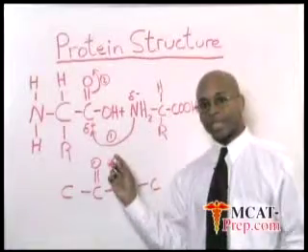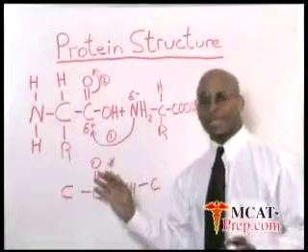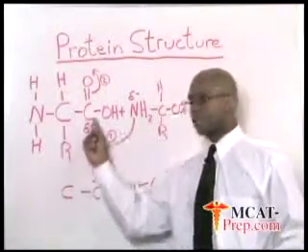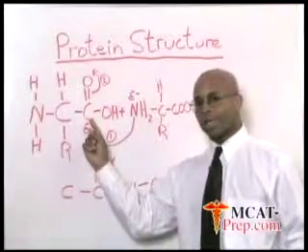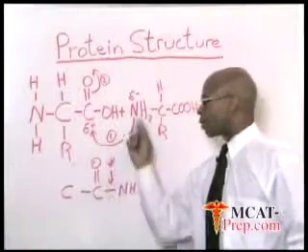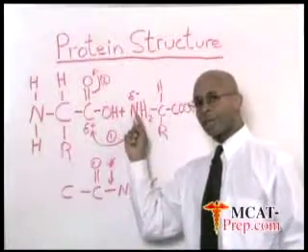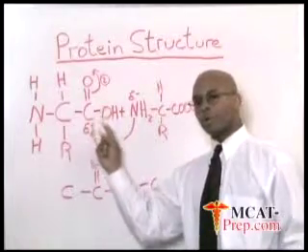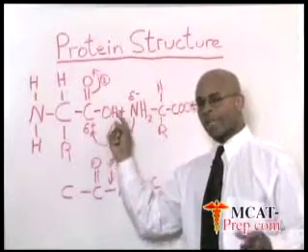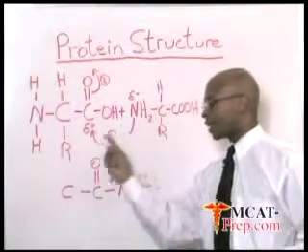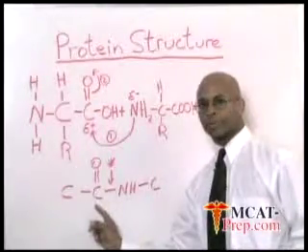But essentially, you do need to know the basics, and that is that to create this bond, there's an attraction between the nitrogen and the carbon, and then what happens is it's as if a hydrogen here and the OH group create water, and then the water leaves, and then this bond is possible.